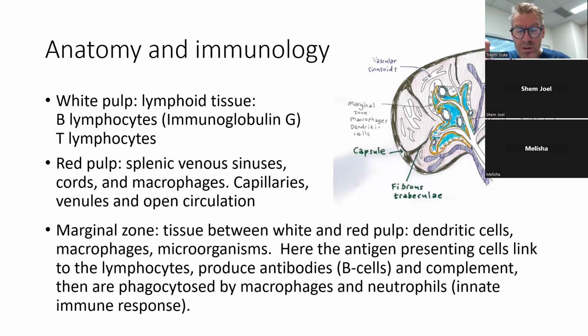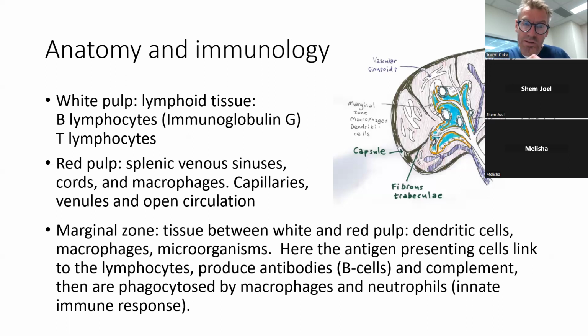As you know, the B cells and the T cells have somewhat different functions. The B cells produce antibodies. The T cell lymphocytes are involved in the production of cytokines that can stimulate antigen antibody complexes that can lead to phagocytosis with macrophages and neutrophils.